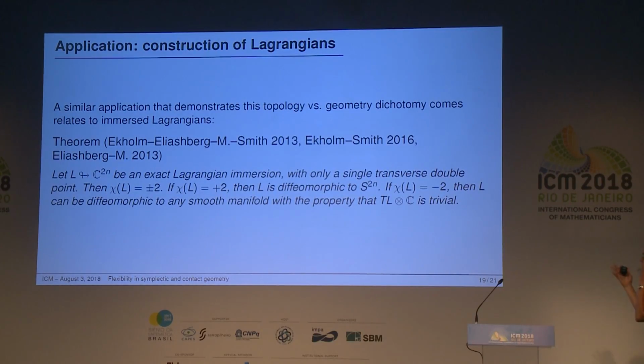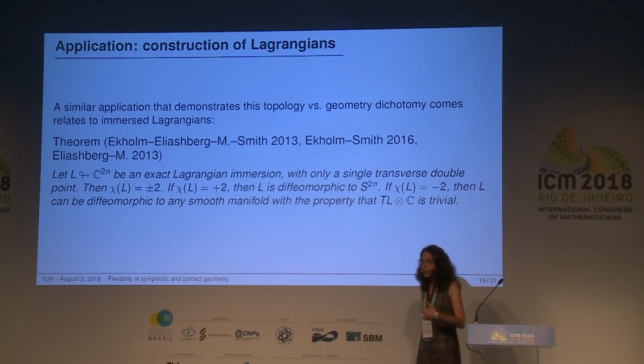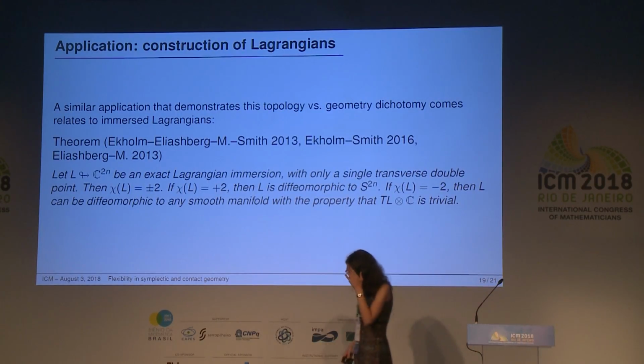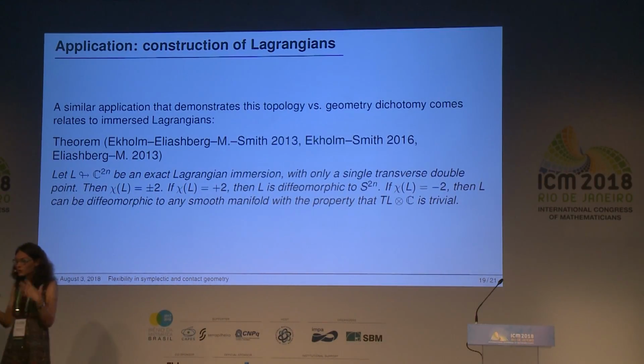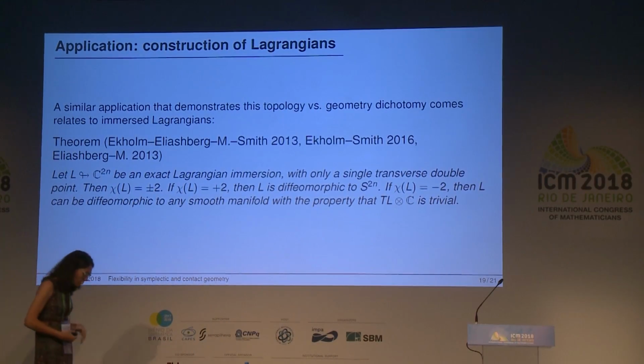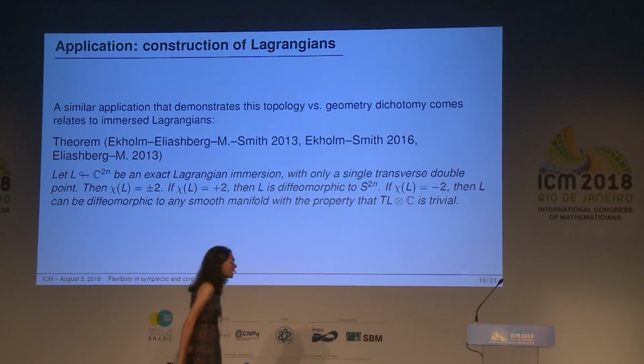And the converse to this is that if you have a negative self-intersection, then you get into this regime where flexibility and topological freedom takes over.